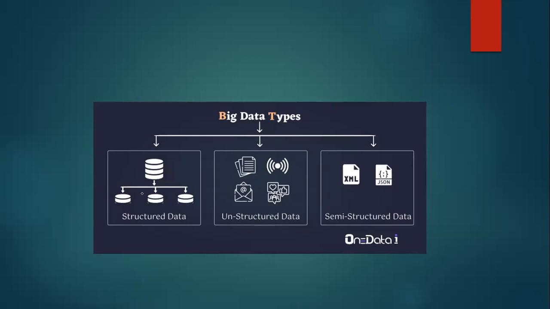Now, what is structured data? Structured data means you should think about a table. Everything is in rows and columns format. Or we have file formats like CSV or text files, where the values are separated by commas. Those are the structured data.